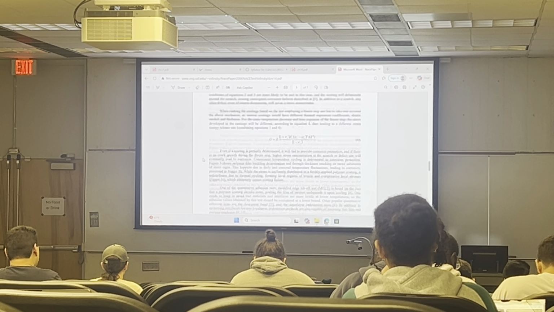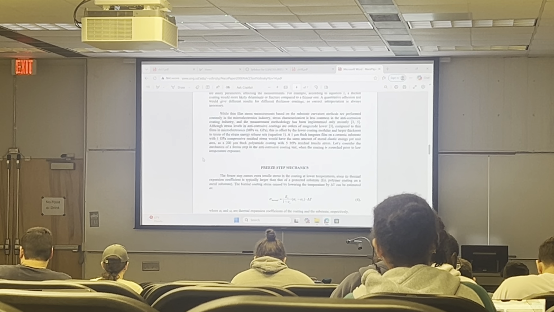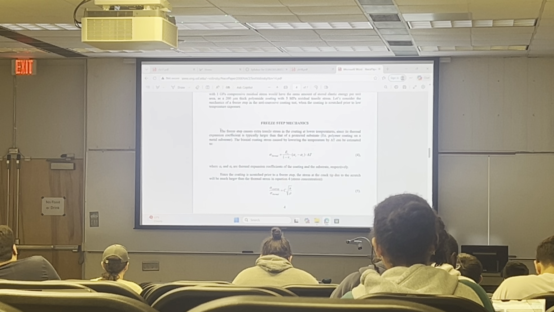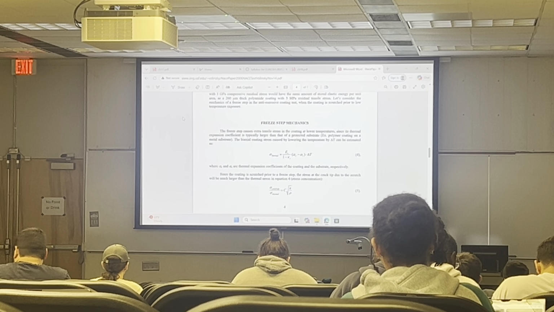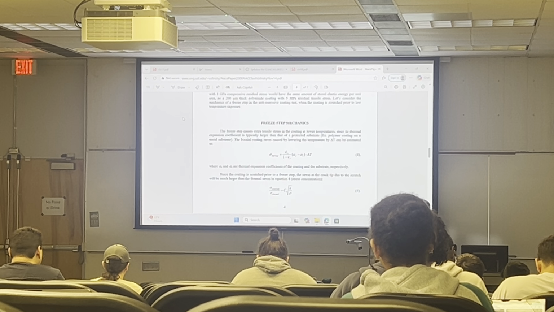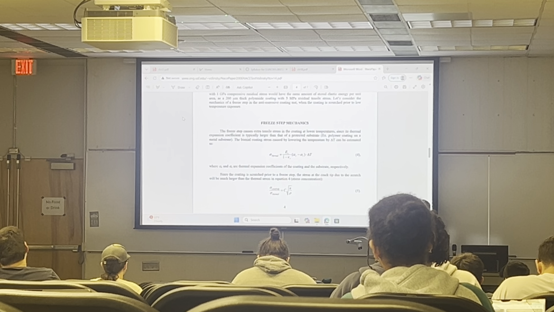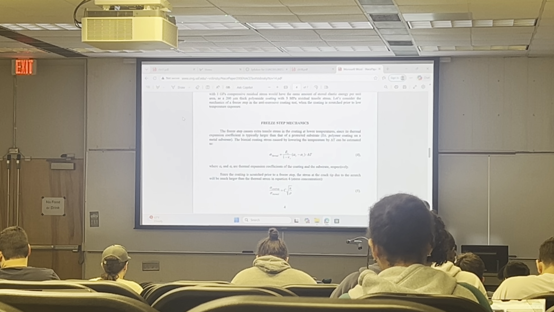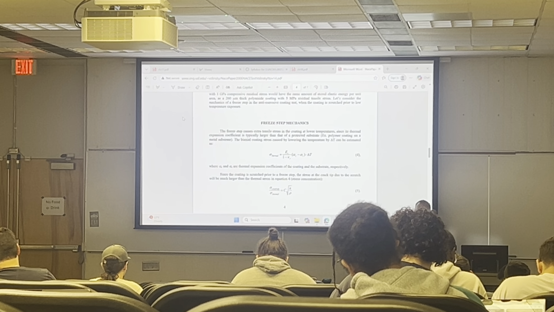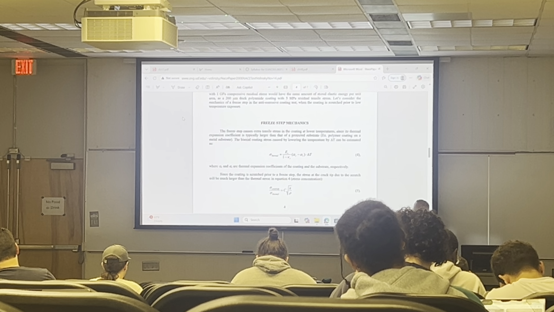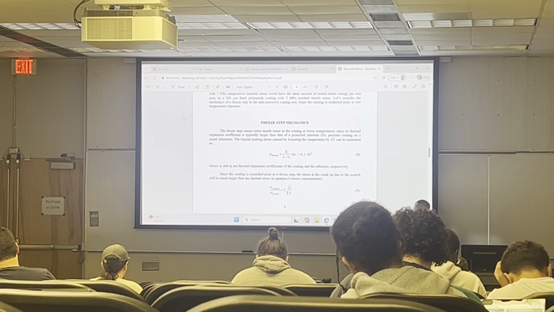The mechanics of the freeze is relatively simple. Whenever you have two materials that have different thermal expansion coefficients, and you heat them up or cool them, one is going to expand more than the other. A bimetallic switch, which is in any circuit breaker, works like that.